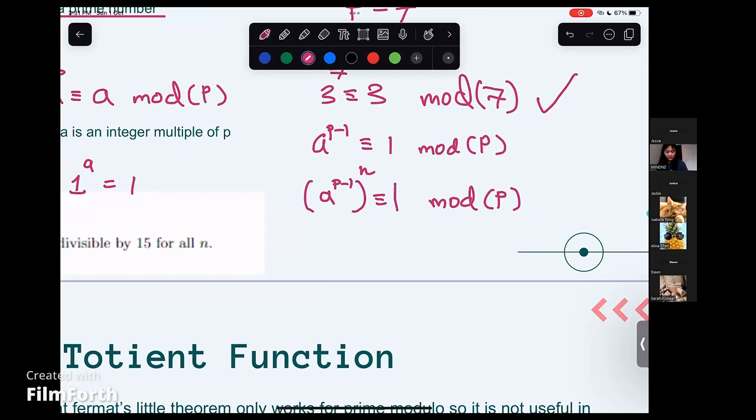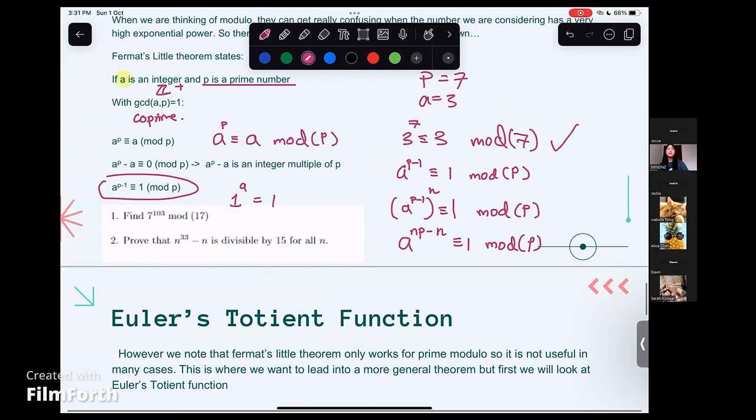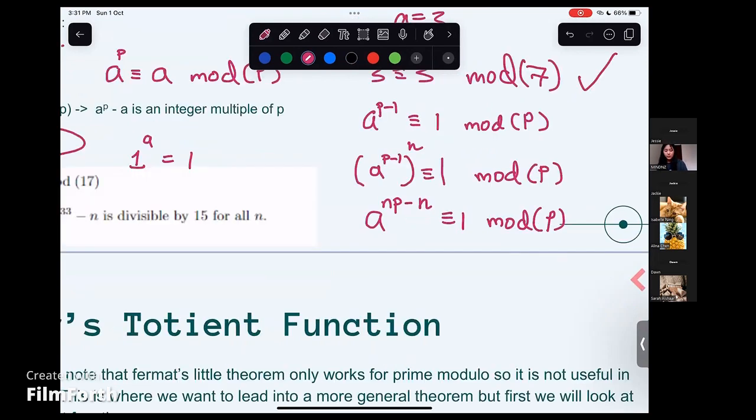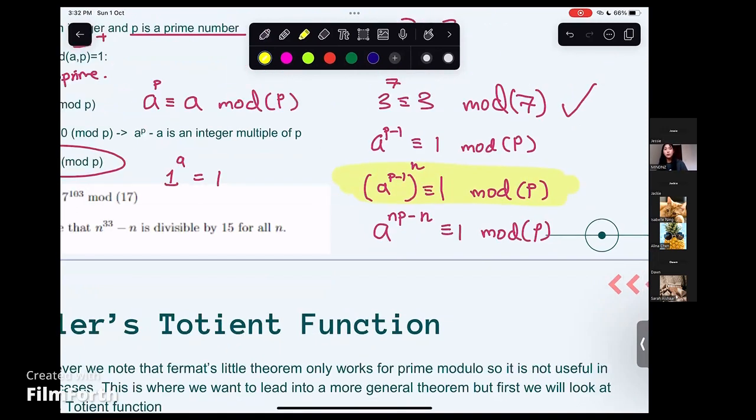And when it's exponents, we multiply, so we get something like this. This is really useful because we now know a pattern: every number that can be expressed in this form, or has a factor of p minus 1 in the exponent, is going to be congruent to 1 mod p. So that's really useful.